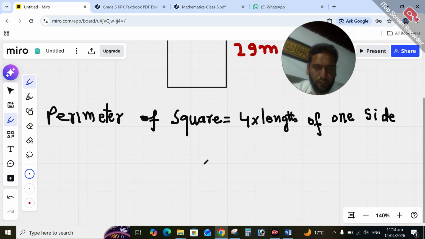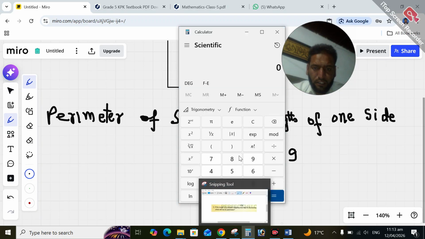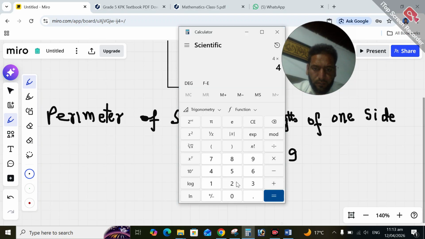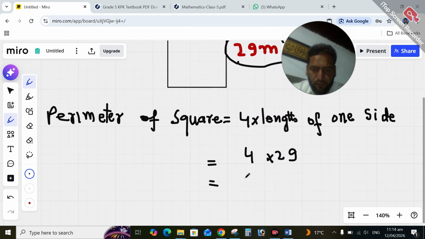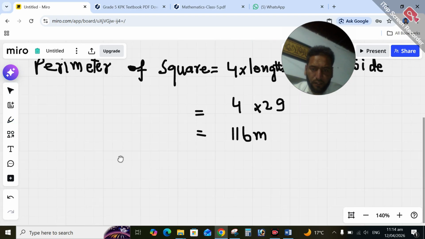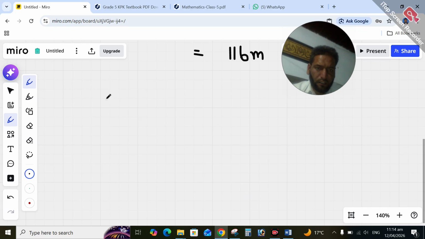So here 4 and the length of one side is 29 meters, so multiplied by 29, and 4 times 29 is equal to 116. 116 meter is the required perimeter of the square, right? This is question number 3.